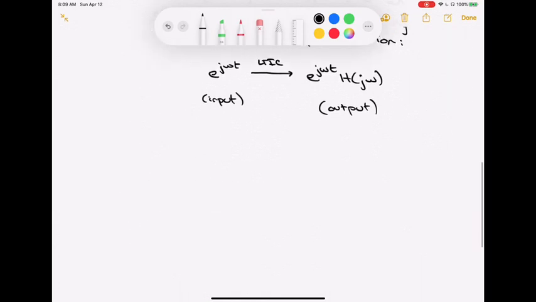Using the Fourier series, this is a pretty restrictive case by itself.